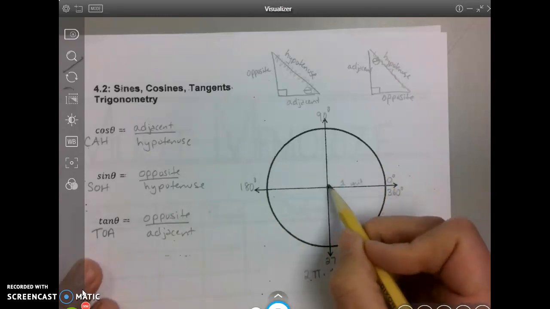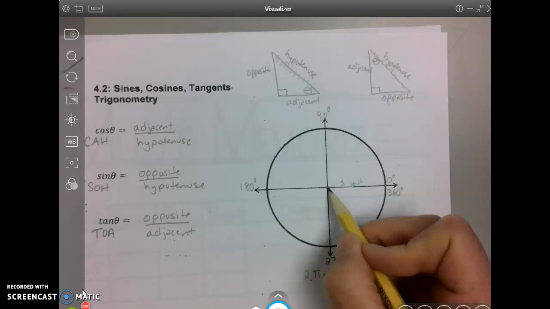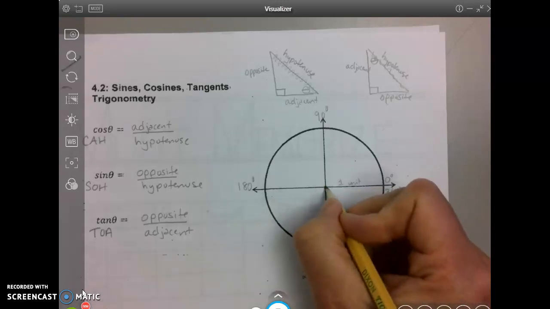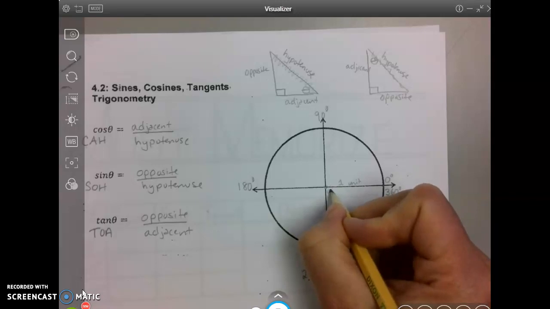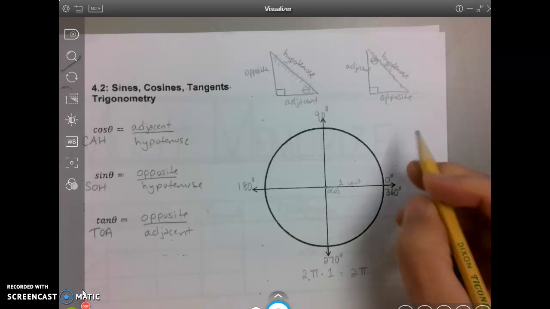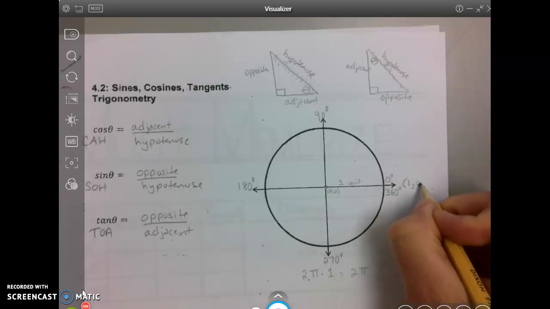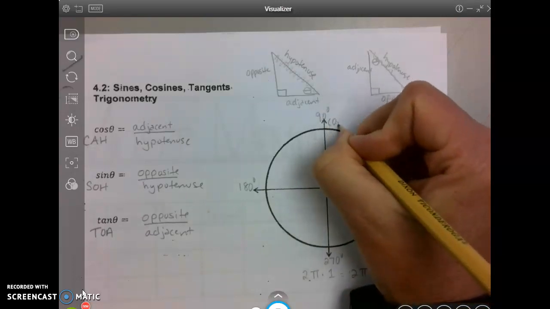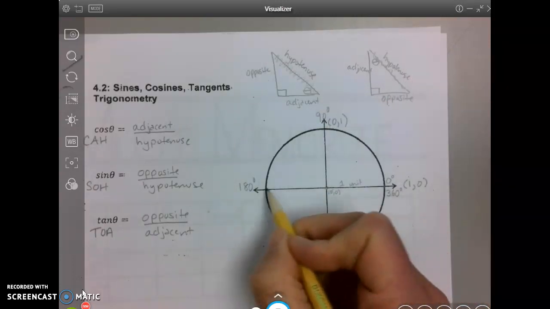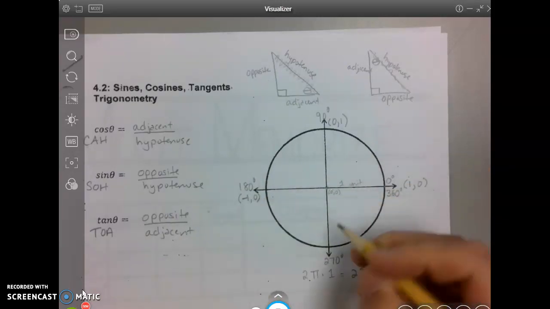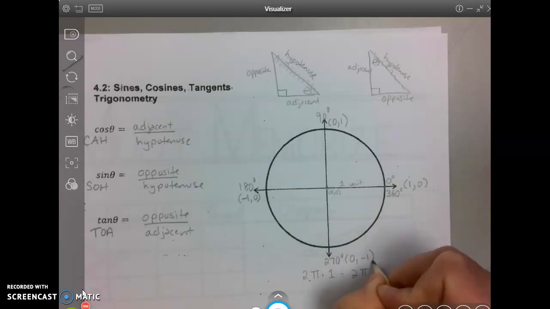What you have to realize is that this unit circle is on the coordinate plane at the origin. The ordered pair 0, 0 is right there, which means if I move 1 unit over, the ordered pair here is 1, 0. The ordered pair here would be 0, 1. The ordered pair here would be -1, 0, and the ordered pair here would be 0, -1.